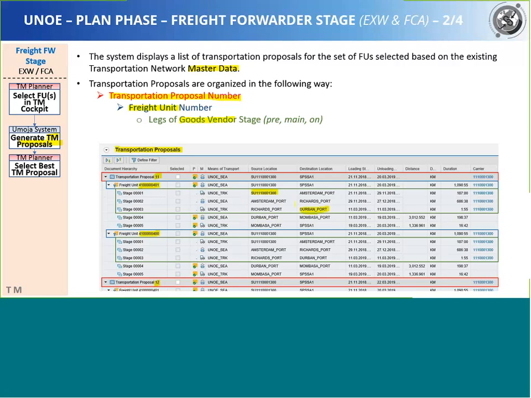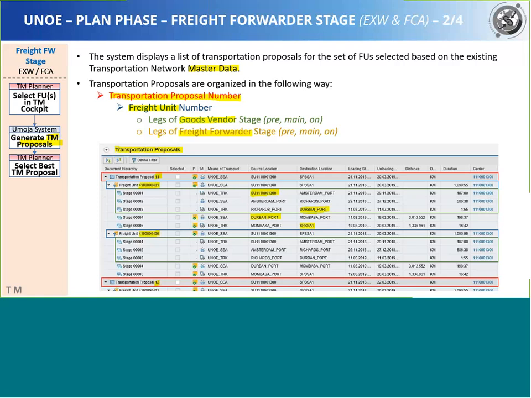So when the shopping cart was raised for this vendor, Durban port was specified as handover location, and that's why the system automatically planned the goods vendor stage from the vendor location to the handover location. And then we have the legs for the freight forwarder, and this is the stage that we are currently planning. So we are planning the freight forwarder stage, meaning from the handover location until the final destination, in this case it's AMIS. It's an AMIS mission.